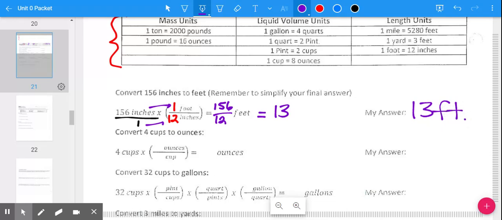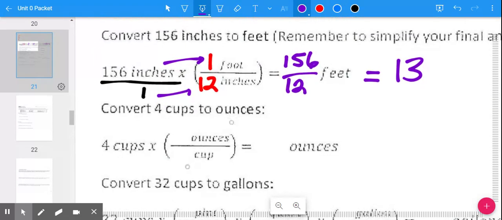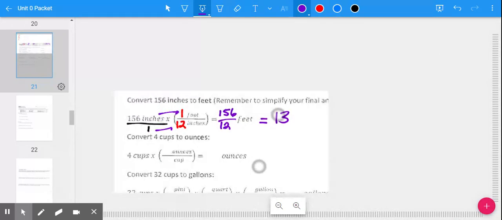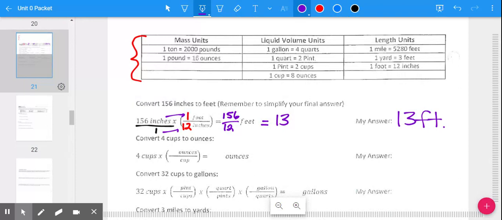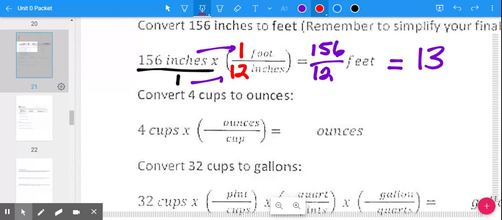If you're ever cooking in the kitchen, you might see something about cups and ounces. Maybe you want to cut a recipe, or maybe it's not measured in cups on that box. If we need 4 cups of something and we need to figure out how many ounces that is, we go to the very top and we see that 1 cup is 8 ounces. So down here where it says blank ounces, there's 8 ounces in 1 cup.